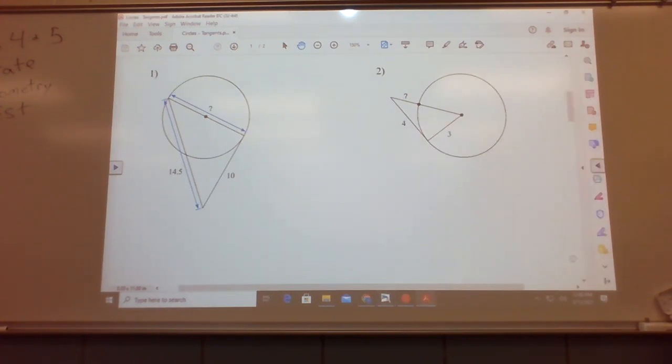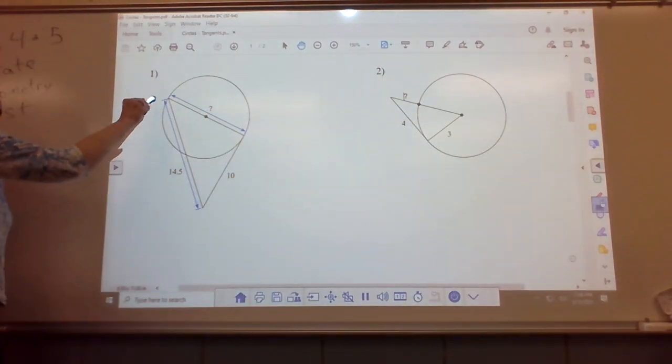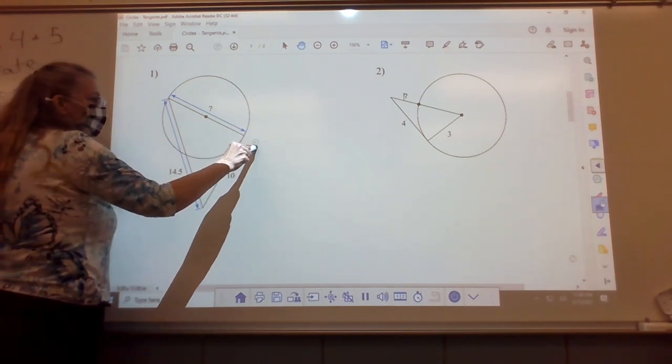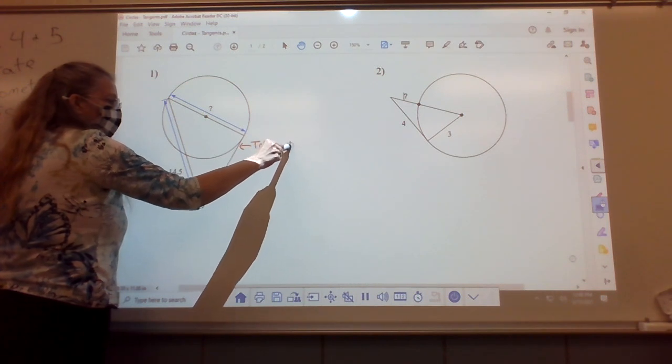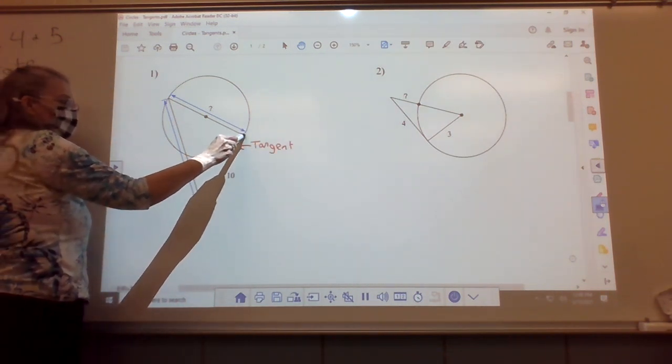So we have these two circles. So I have my circle here. This segment here, that's the tangent. Notice this tangent line is going to come up here and hit the circle at exactly 1 point.